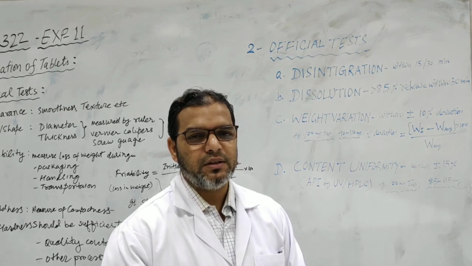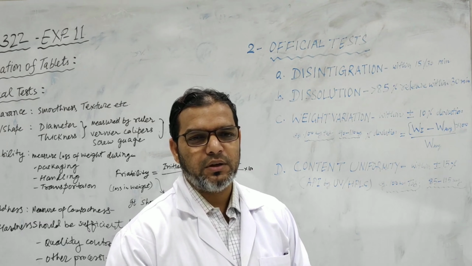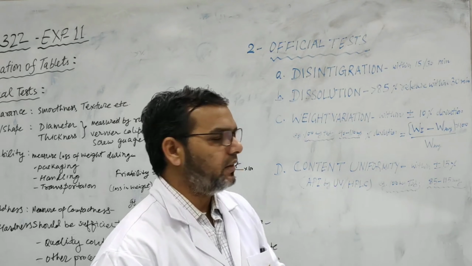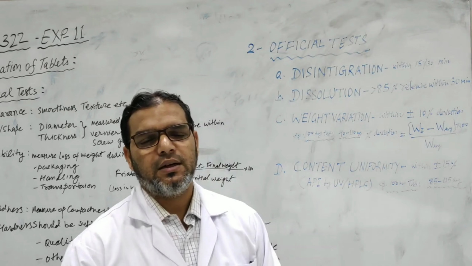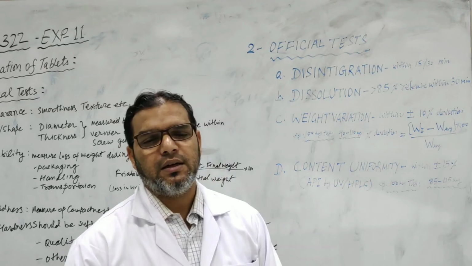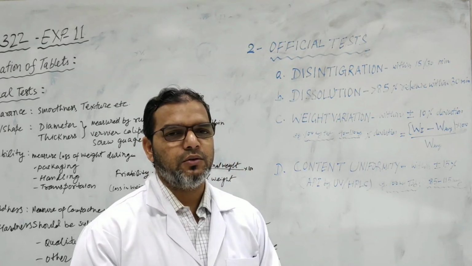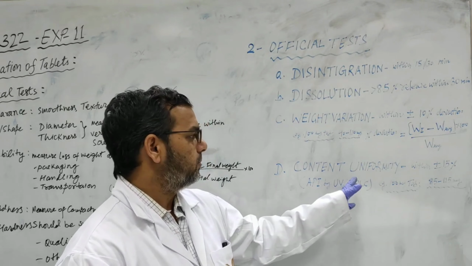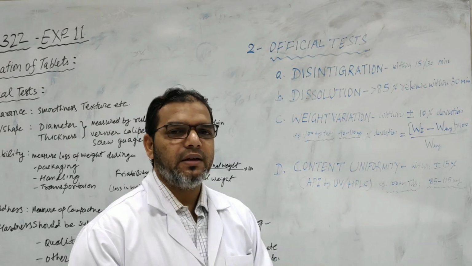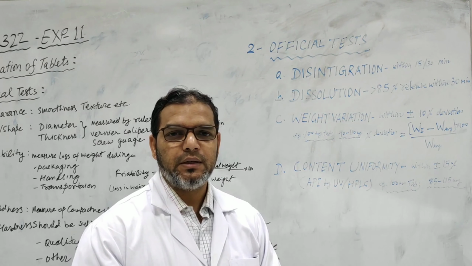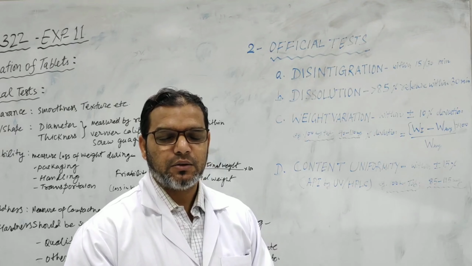So both of these tests, content uniformity and weight variation, are measures of the uniformity of the doses. If anything is not passing, or it is failing, it will lead to serious consequences.